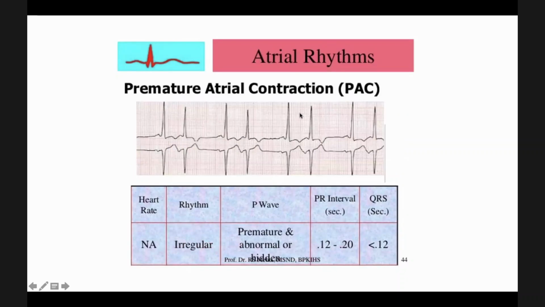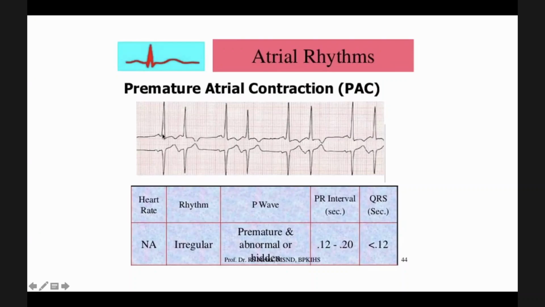So this is about the premature atrial contraction, what you usually call atrial ectopics. Morphologically the QRS is the same as the normal QRS, but what is abnormal is the P wave.